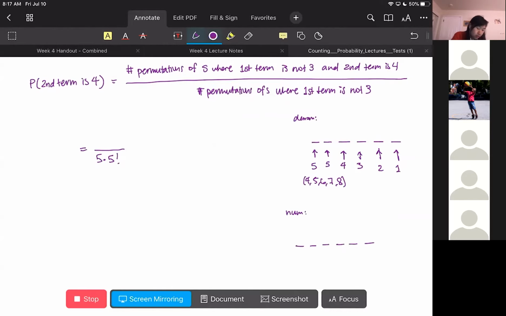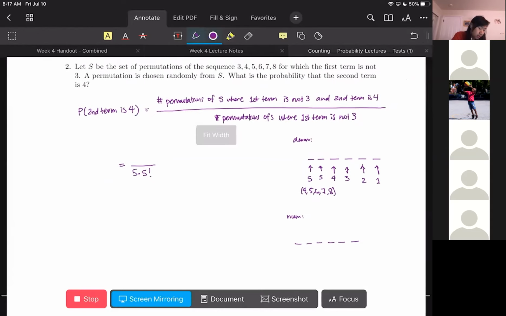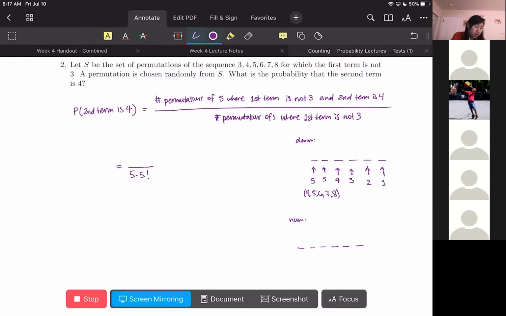For the first term, we still have the restriction that it can't be 3, but now that we know the second term has to be 4, there's actually only 4 choices here because it could be 5, 6, 7, or 8.